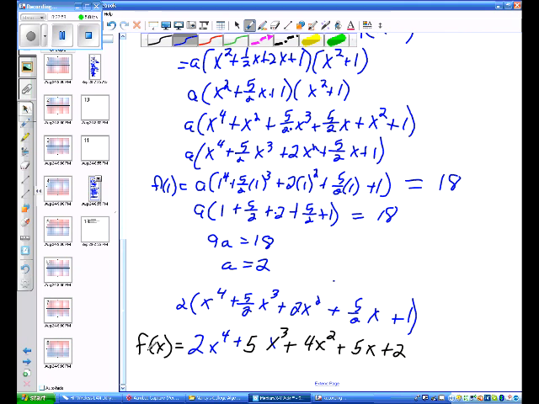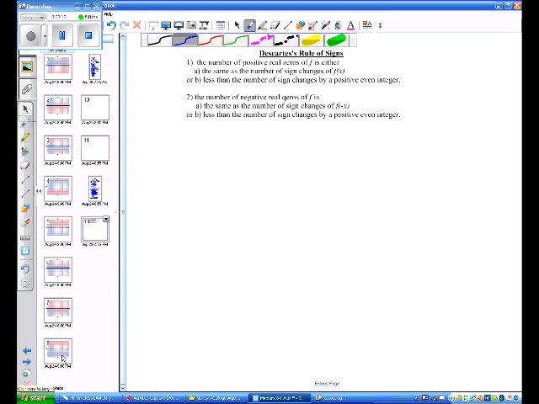Now, the next thing we want to look at is another way of narrowing down some of our choices when we're trying to solve our equation. We looked at the rational root theorem, which gave us the possible rational answers. We also want to deal with what's called Descartes' rule of signs. When you first read this, it sounds a little complicated, but it's very easy to use.